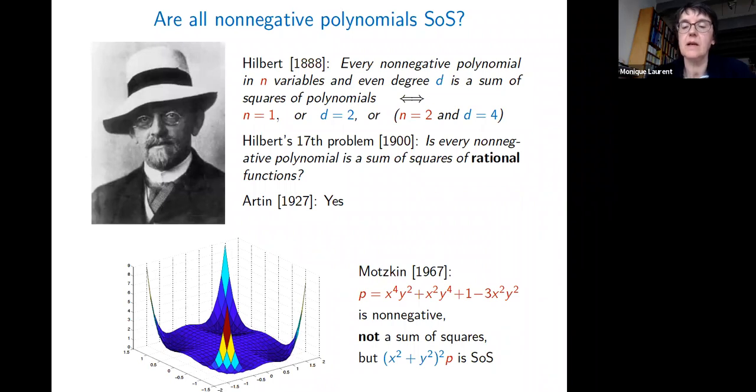This is the Motzkin polynomial, of degree 6 in two variables, shown here. We cannot hope to find a non-negativity certificate via sums of squares, but we know there is a certificate via a sum of rational squares. If we multiply p by (x squared plus y squared) squared, then we find a sum of squares. This gives an explicit certificate of non-negativity for p.